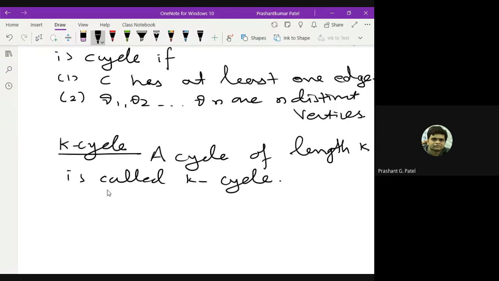Now, a cycle is an odd cycle or even cycle depending on whether k is an even number or an odd number. This k-cycle is denoted by Ck.